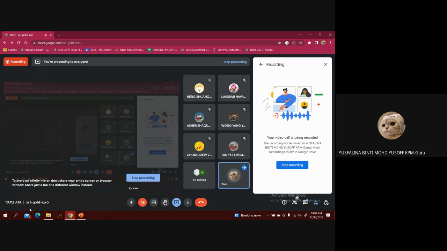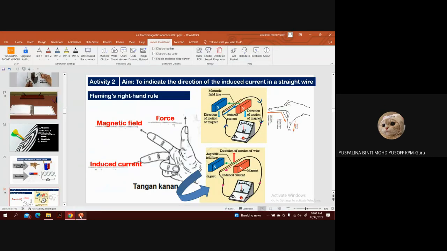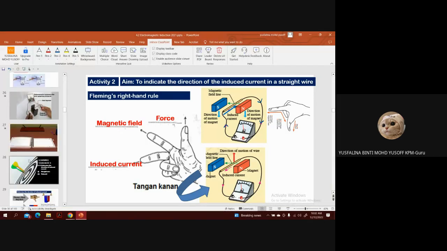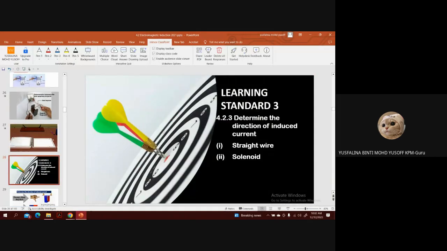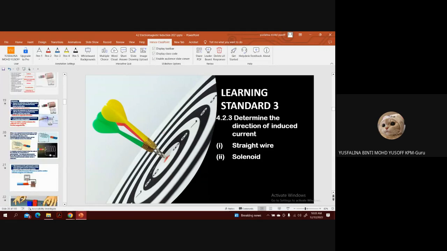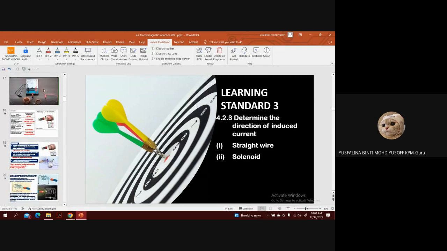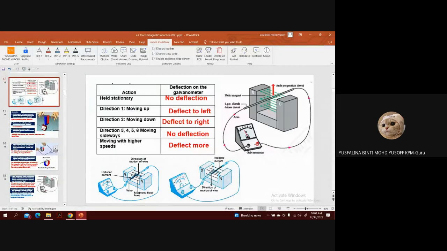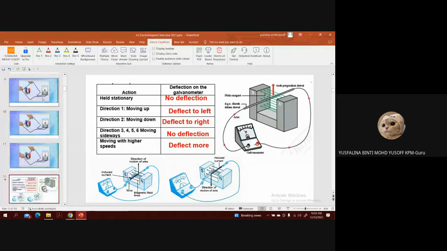I think I already asked you to take the notes from the lab, so you can just see the notes. So we continue with 4.2.3. The last time we learned until here, because I wrote something here.